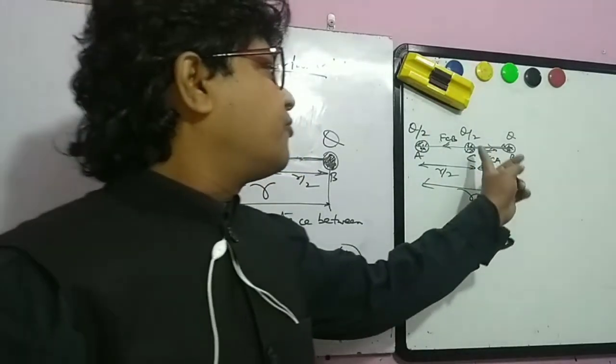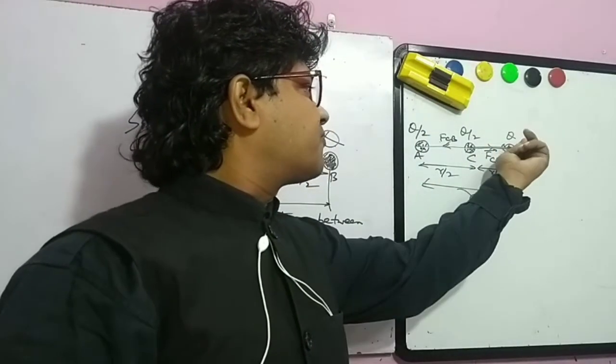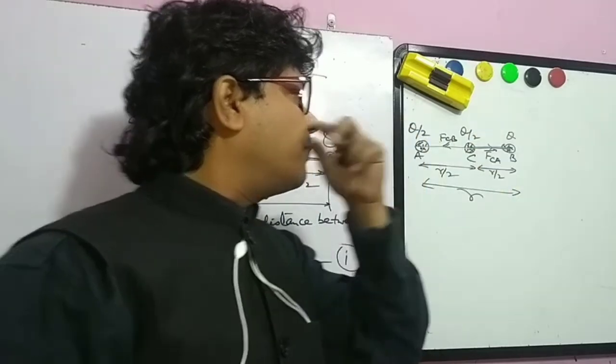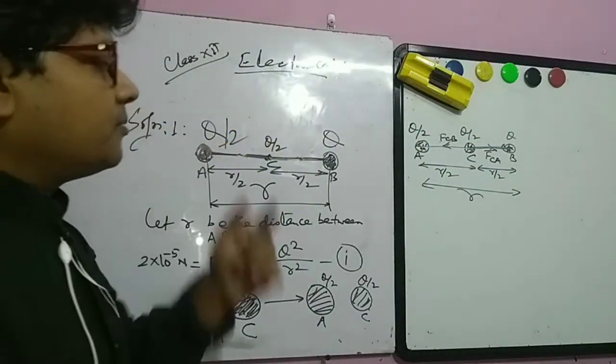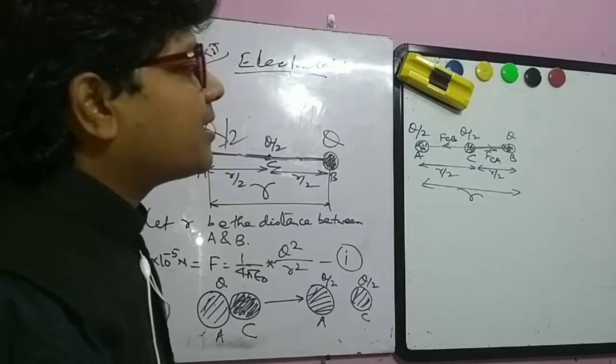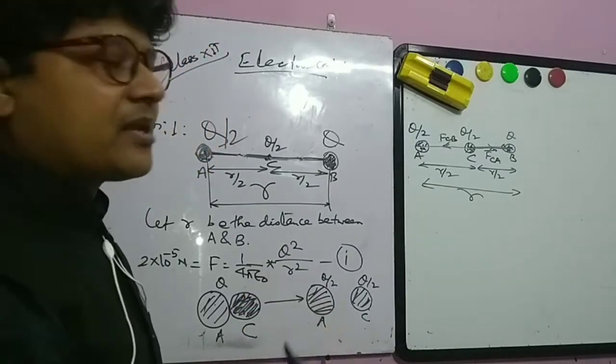So this is the force on C due to A, and this is the force on C due to B. So we can get the direction also.